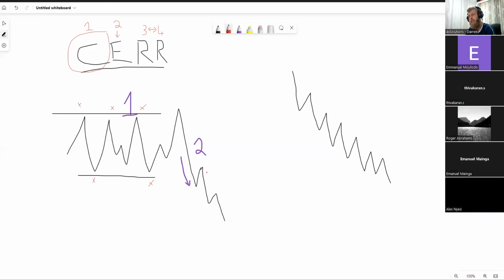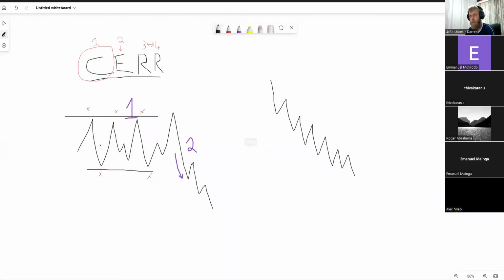Now, because it's in an expansion, does this mean it's going to continue lower, or does this mean this is just a retracement? Because the next phase is important. Either it's 3 or 4. So if it's 3 and this is just retracement based on the higher time frame, because if we were to zoom out here, perhaps the market came from a low over here, something like that.